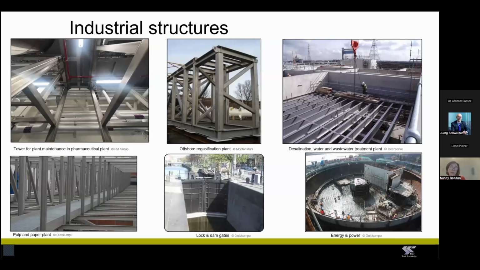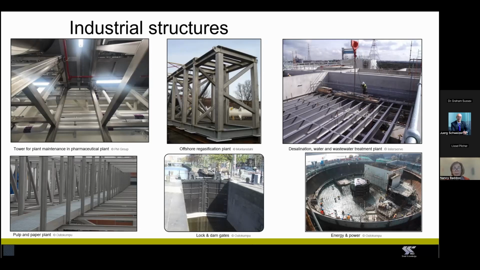Perhaps, though, the greatest application of load-bearing stainless steel is in these industrial structures. So, what am I showing here? The top left photo is a recently built modern biopharmaceutical production plant in Europe, and stainless steel is used for the platforms and the towers where you need to maintain and inspect the vessels.